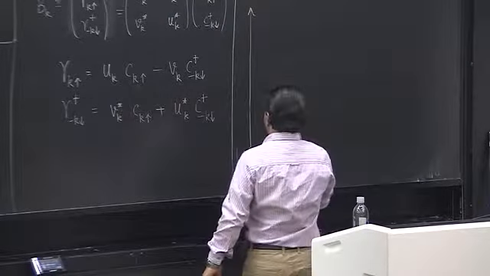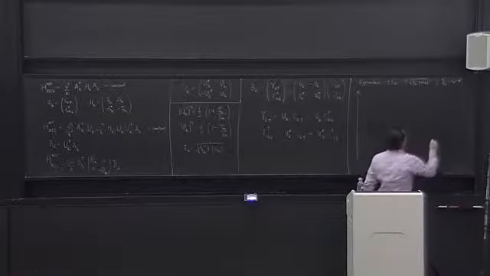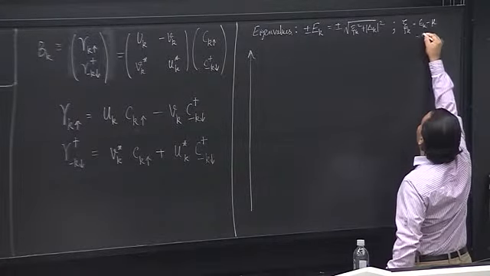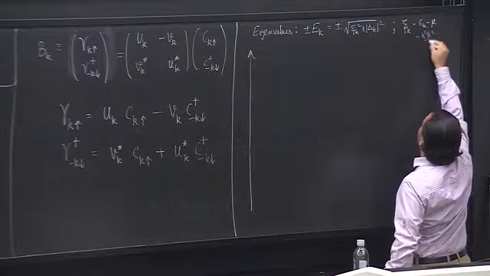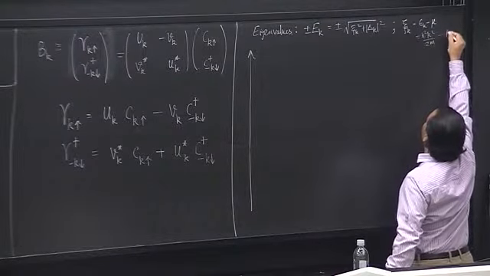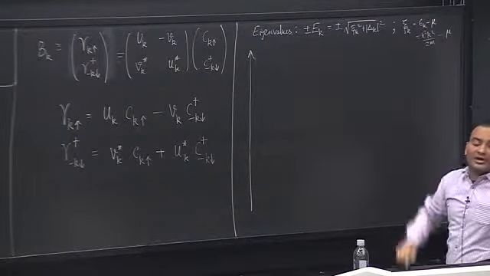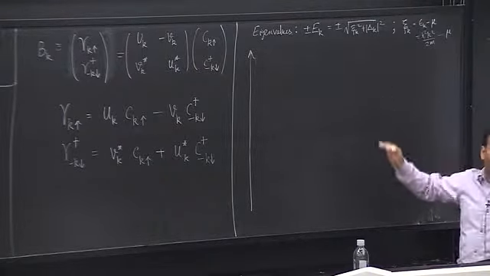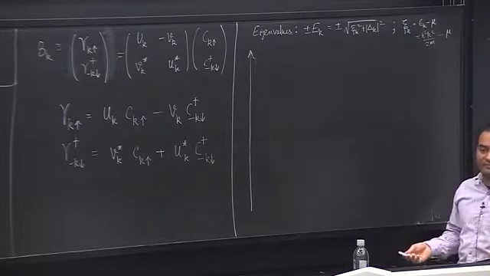So I'm going to make a plot. You can assume that this is h bar square k square over 2m minus mu. So I'm going to make an attempt to draw these two eigenvalues.